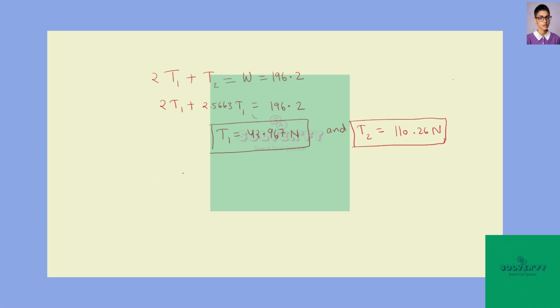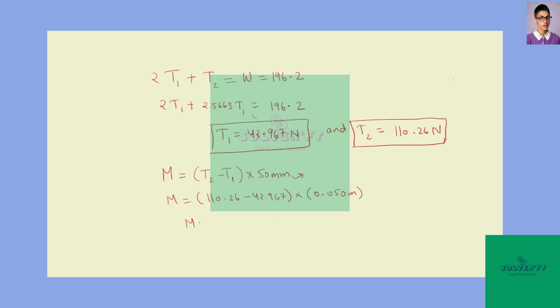Now we determine the moment that must be supplied by the motor to rotate the disc B. So moment is equal to force, this is T2 minus T1, times the perpendicular distance of 50 mm. So moment, the value of T2 is 110.26 minus 42.967, and changing into meters, this is 0.050 meter.